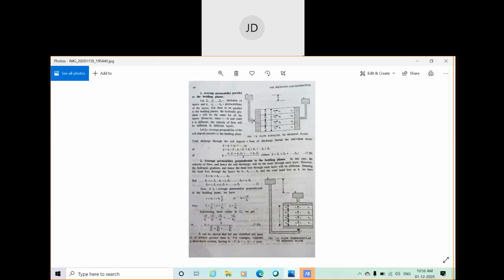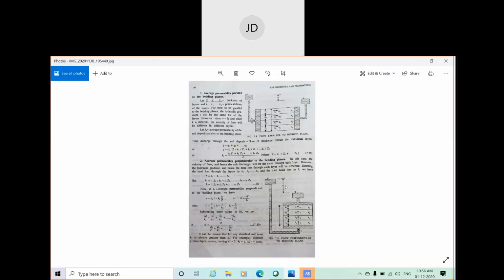Since these layers are one above another and the flow is in this direction, the hydraulic gradient and the hydraulic head are not going to be constant for each layer. It is going to vary. Finally, it will reach the total hydraulic difference h, but for an individual layer it is not equal to total h.